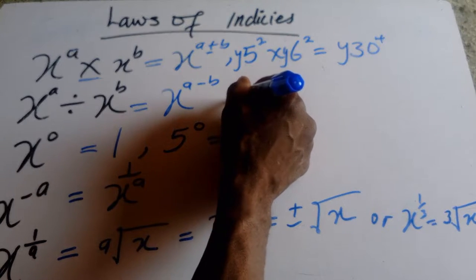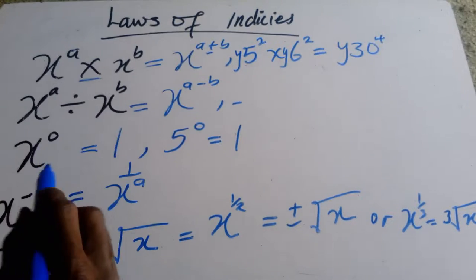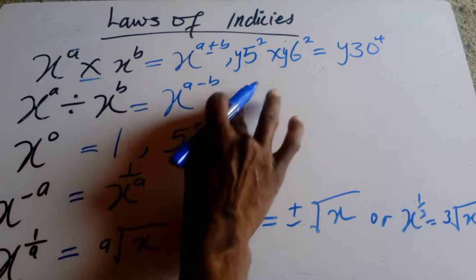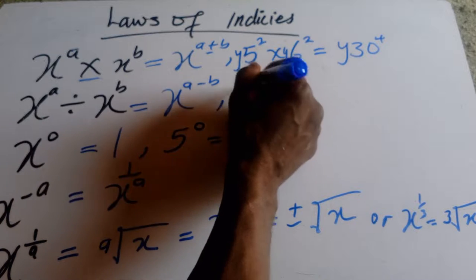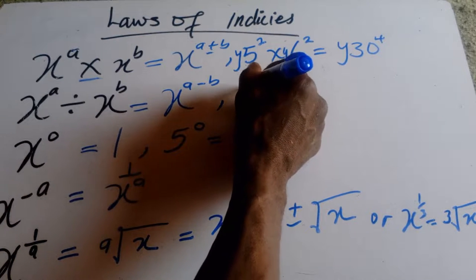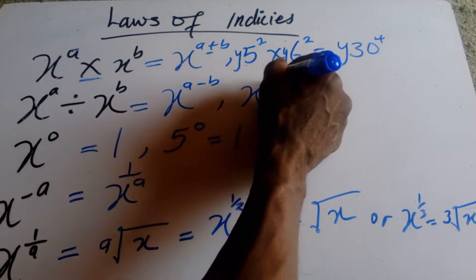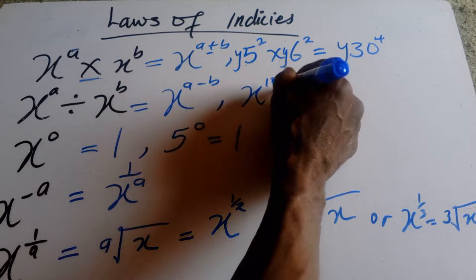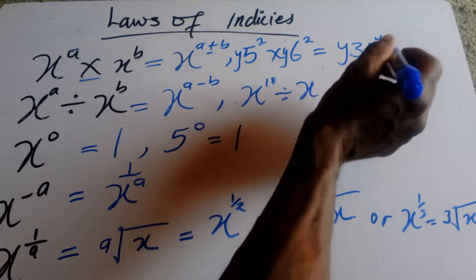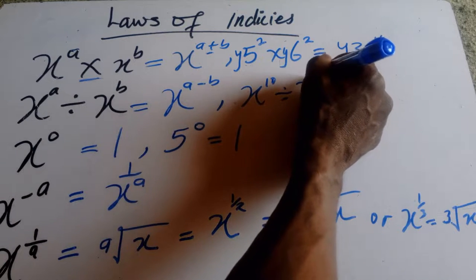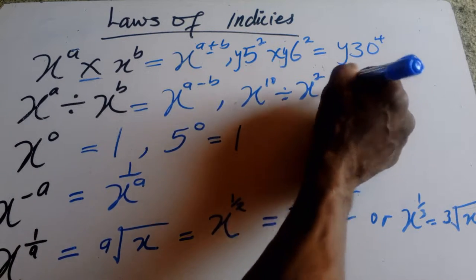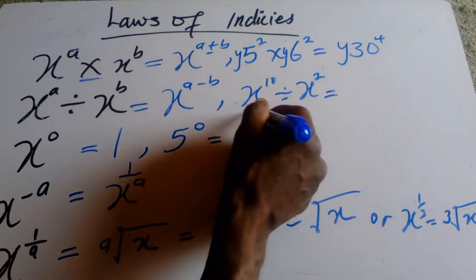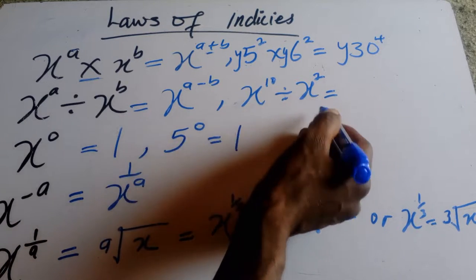But in this case, if you are dealing with division, you can solve it in this form. Once we get, let's say, x raised to the power 10 divided by x raised to the power 2, then you can easily solve it, since we have x and x only.